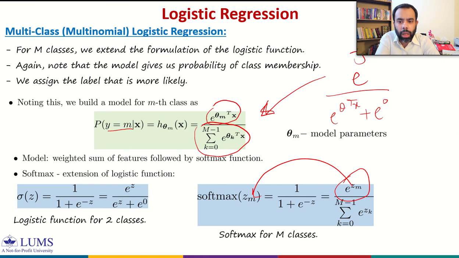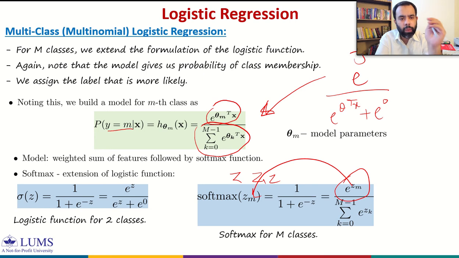We can also define softmax when the input is a vector. For example, the input is z0, z1, z2. The output would be a vector as well, in which the first entry would be exponent of z0 divided by the sum of exponents.